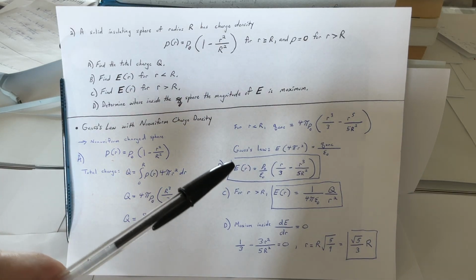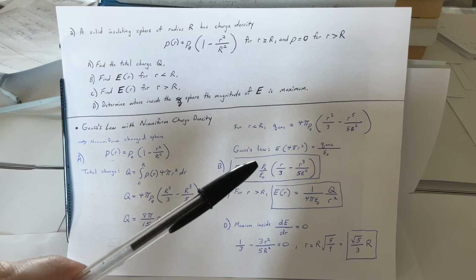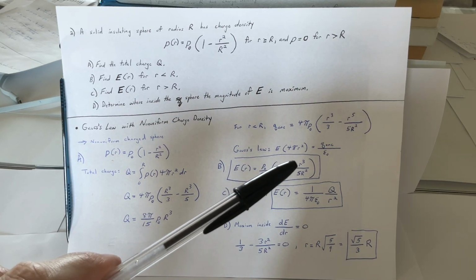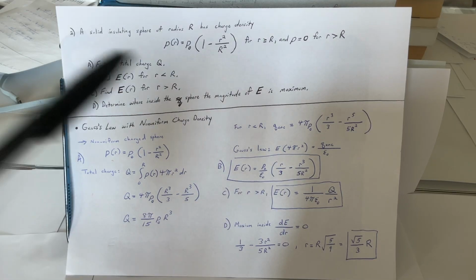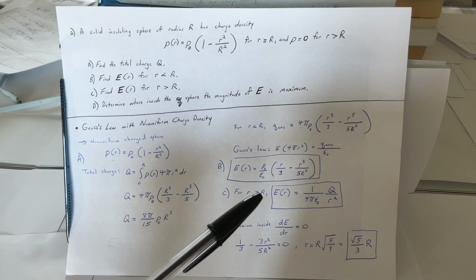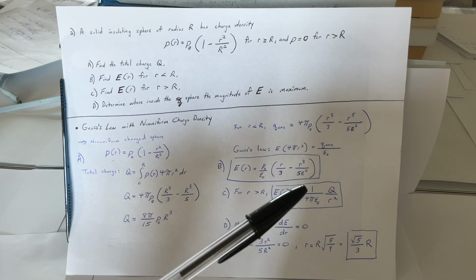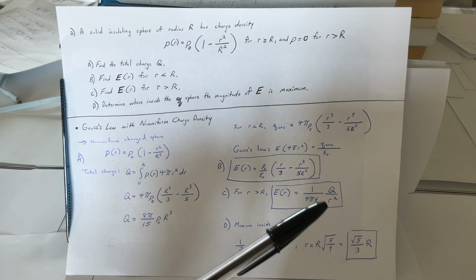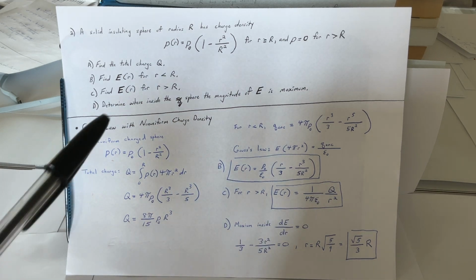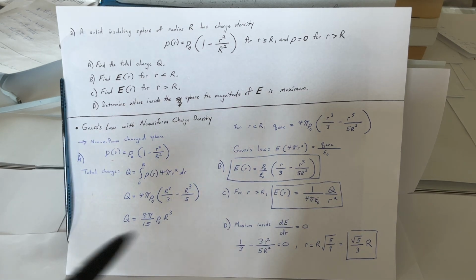For part B, our E of r is rho naught over epsilon naught times the quantity r over 3 minus r cubed over 5 capital R squared. For r greater than capital R, E of r is 1 over 4 pi epsilon naught times Q over r squared. And my apologies for misspelling this; this should be maximum.